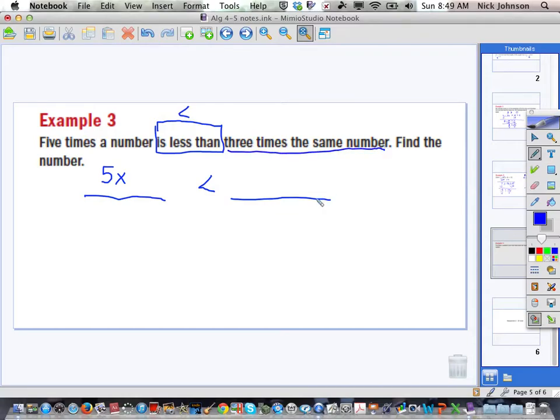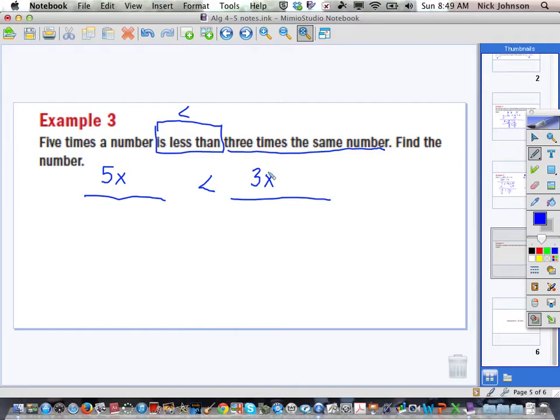3 times the same number. Why do you say 3 times the same number? Well, 3. And then the same number as this number over here. Well, what was this number? Well, this number is x. So we say 3x over here. Now it says find the number. Okay?